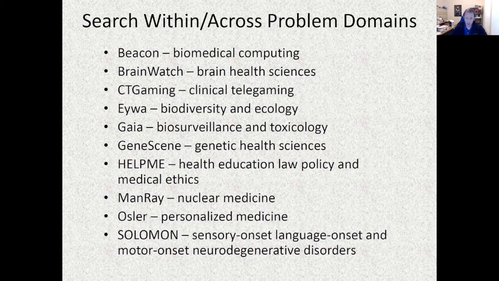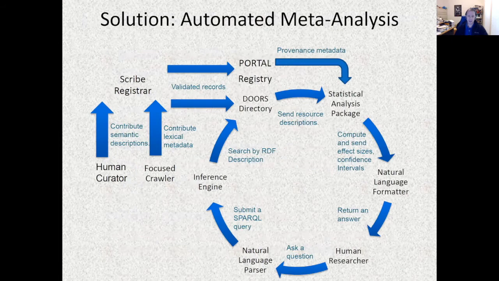In those problem-oriented areas that are of relevance to what we're hoping to do in medicine and biology and pharmacogenomic molecular imaging. So let's add those back into this design vision, where now you see the inclusion of our portal registry doors directory.